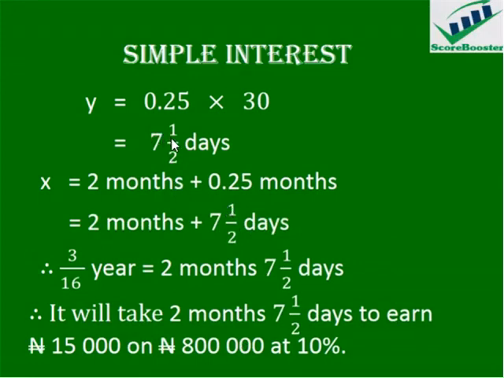So 0.25 months is 7.5 days. And you know that x equals 2 months plus 0.25 months, which equals 2 months plus, we've already converted this to days, 7.5 days. So 3/16 year is what? 2 months, 7.5 days.